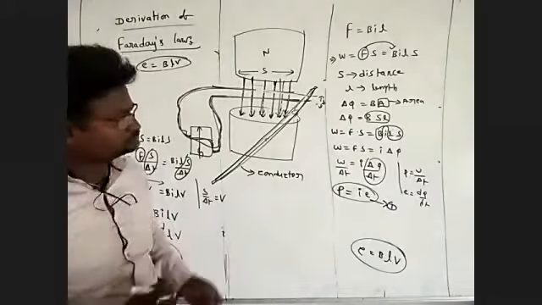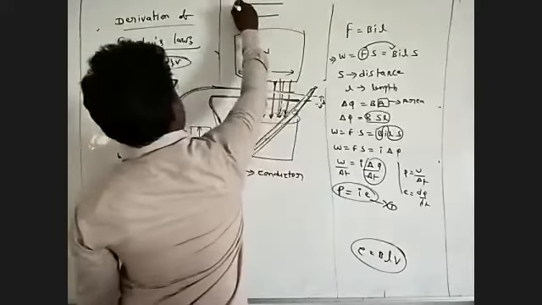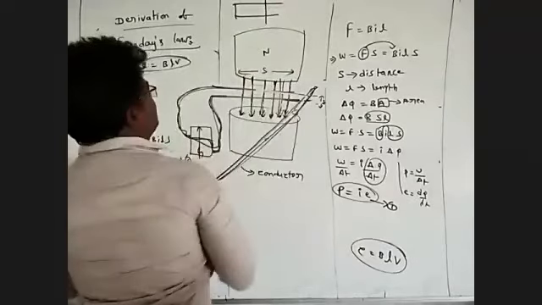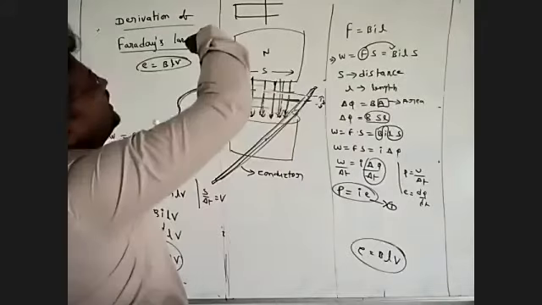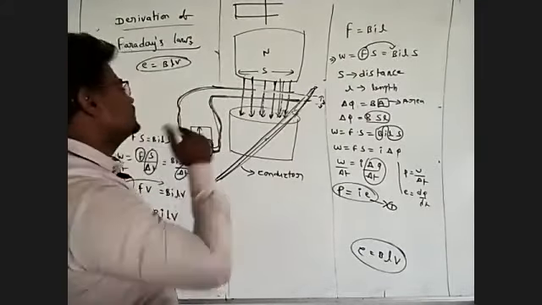I will draw it roughly. This is a parallel conductor. The magnetic field lines are directed downward, and this is the direction of motion of the conductor.